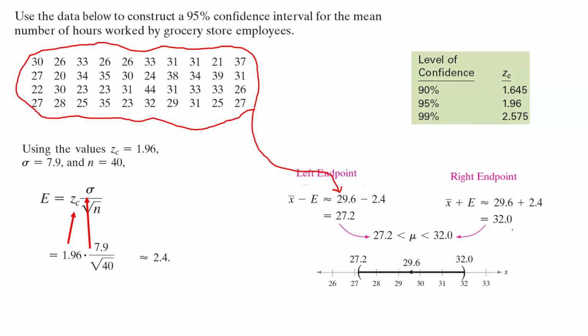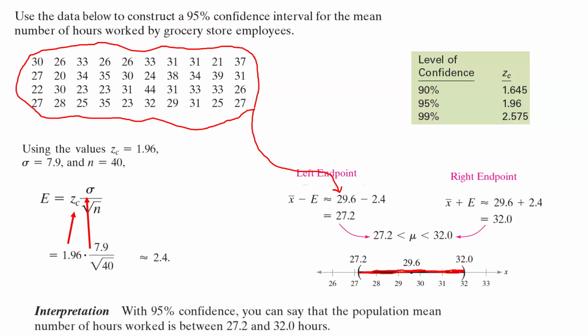Now, your population mean, which is mu, is bounded between these two numbers, and it can take any of these values in between these two numbers. What are we going to say? We're going to say that we are 95% confident that the population mean number of hours worked is in between 27.2 hours and 32 hours.